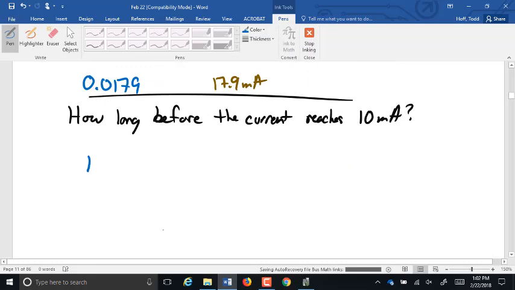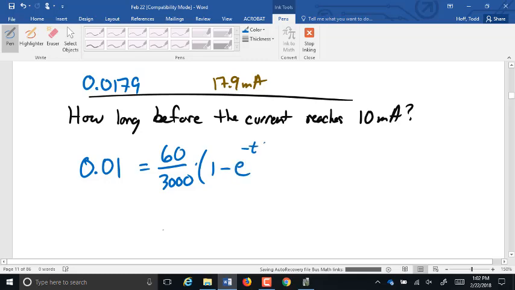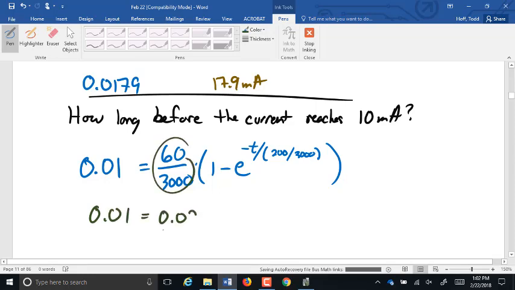We have 10 milliamps, which we're going to put in as 0.01 amps equals 60 volts over 3,000 ohms times 1 minus e to the power of negative t divided by, what was it, 200 henries divided by 3,000 ohms. So now to solve this, I divide this out here and I can get 0.02, correct?